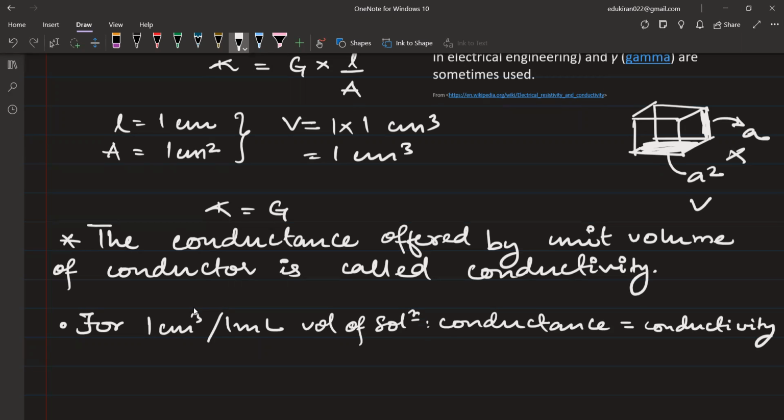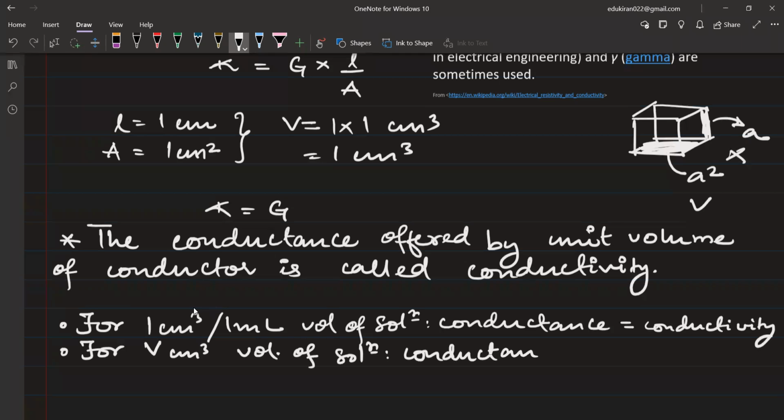If I have 3 centimeter cube, it will be 3 times the conductivity. If I have 4 centimeter cube, it will be 4 times the conductivity. For V centimeter cube volume of solution, conductance will be equal to kappa, whatever the conductivity is, into V.